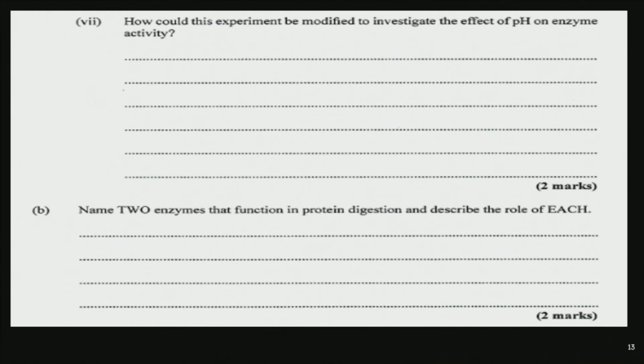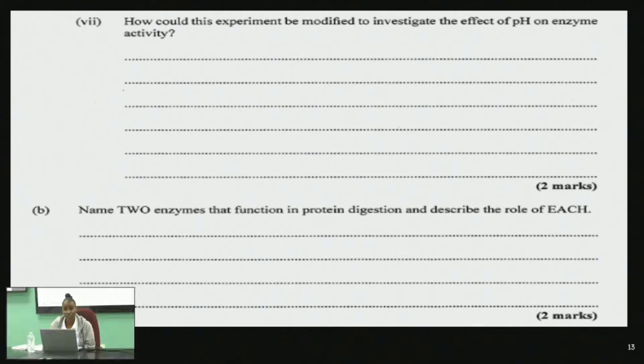All right, now it's asking you, how could you have modified this experiment to investigate the effects of pH on enzyme activity, which is normally a common lab report that they would like you to do, where you investigate the effect of temperature and the effect of pH on enzyme activity. So you could have modified the experiment by keeping the temperature constant, since the experiment before would have highlighted that 40 degrees Celsius is the optimum temperature for your potato catalase.